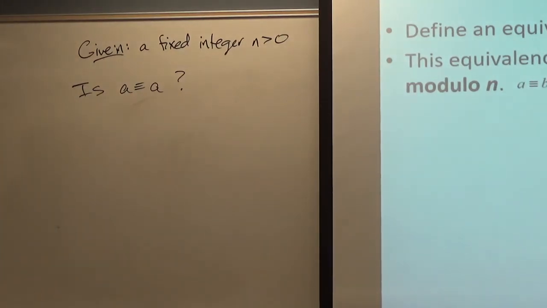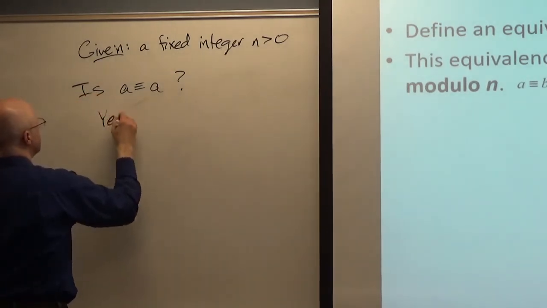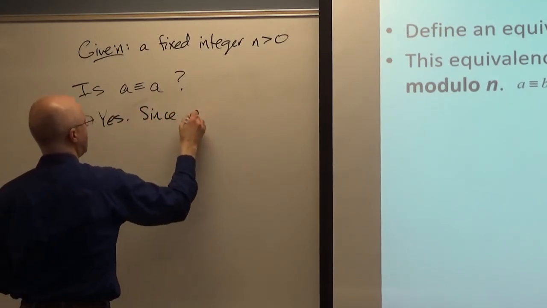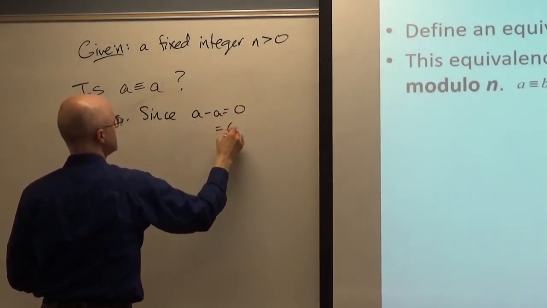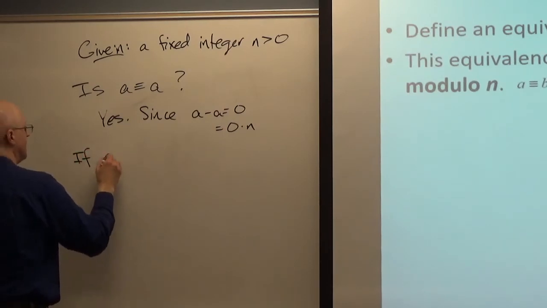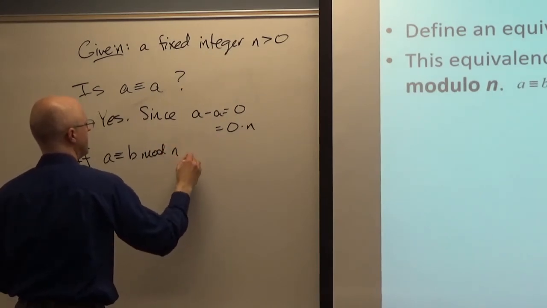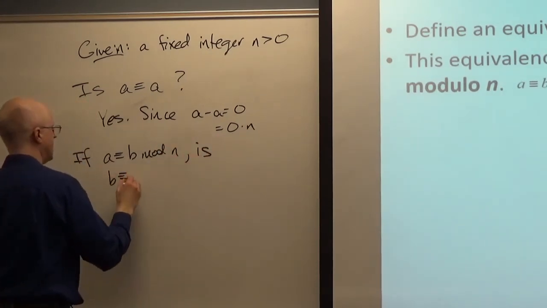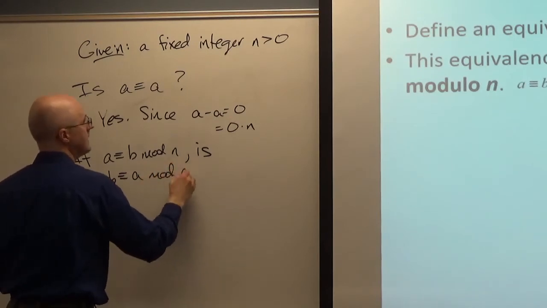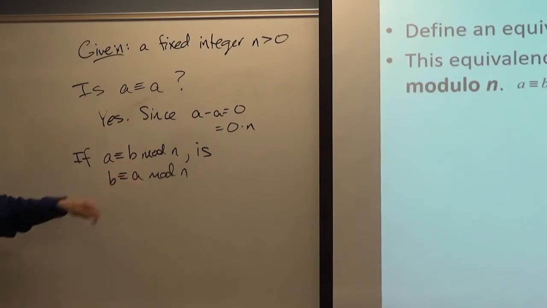Is A equivalent to A, congruent to A, mod n? Yeah, since A minus A is 0, and 0 is a multiple of n. I didn't put the mod n there, but I could have. It's traditional to go ahead and put the mod n here.